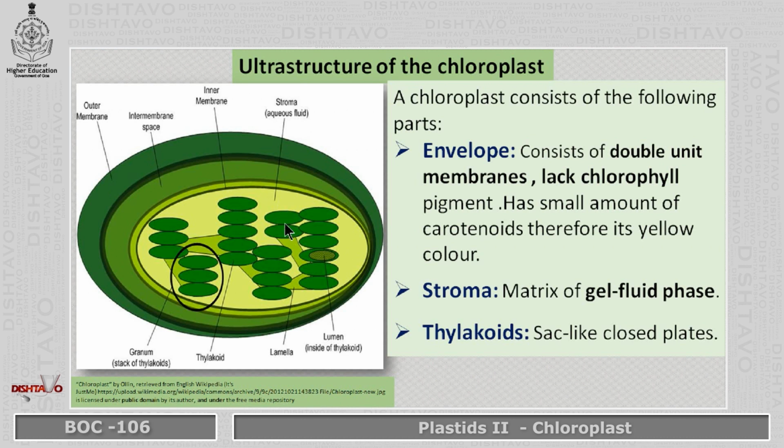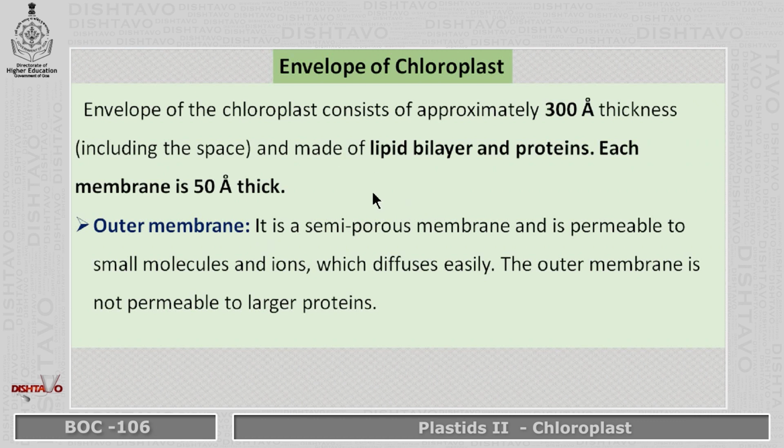Inside the stroma, we find small plate-like structures stacked together. These plates are called thylakoids. Thylakoids together form the granum. There might be a single granum or many grana. We'll see to that in the next slides.